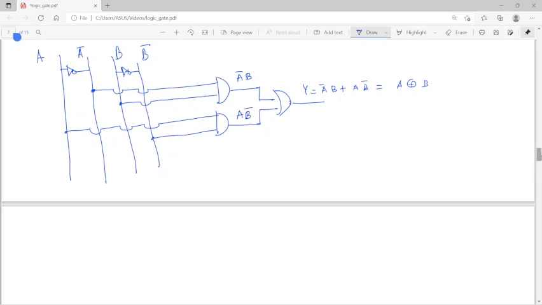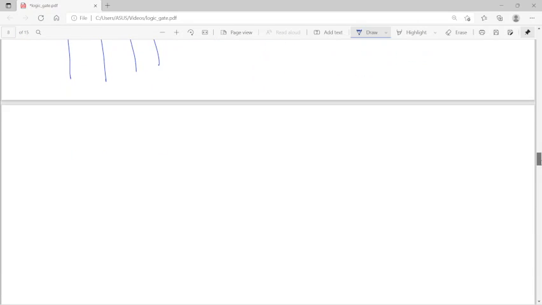And there is another gate that may also come in your competitive examinations, that is called the XNOR gate. And how it looks, the XNOR gate means A bar B bar plus AB, and it can be represented by this.